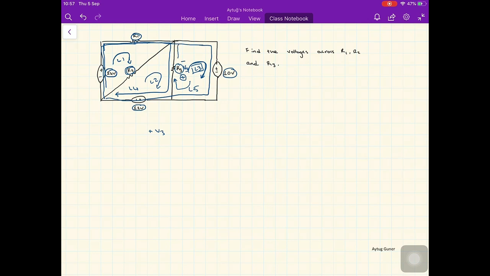Then, continuing in the same direction, we again first see the positive sign, plus 10 volt, and this should be equal to 0. So we find V3 as minus 10 volt.